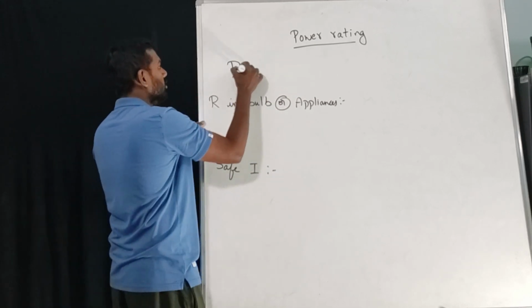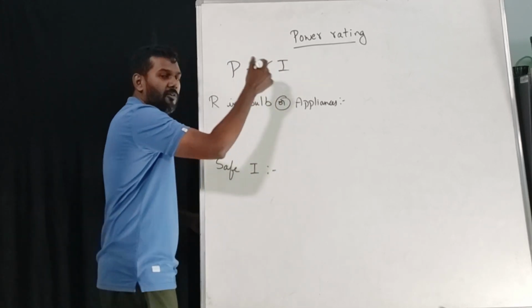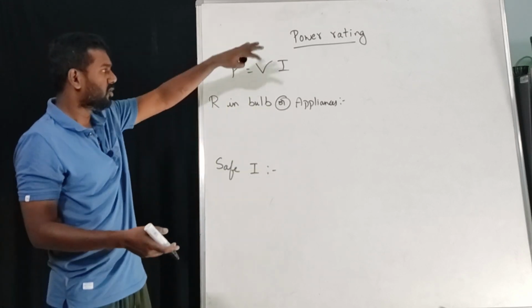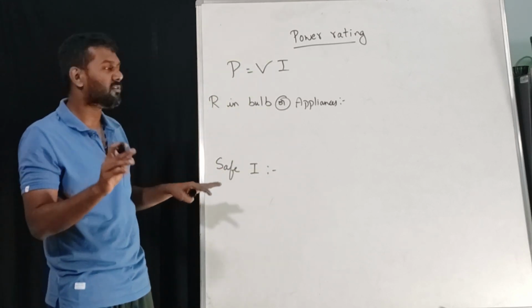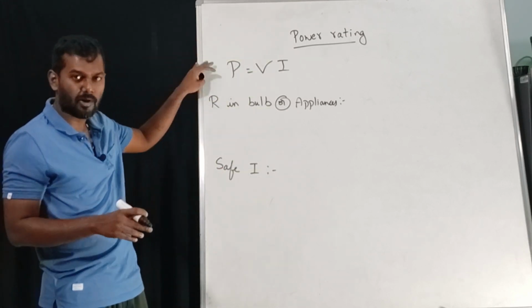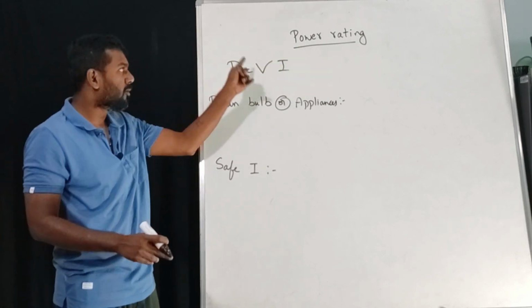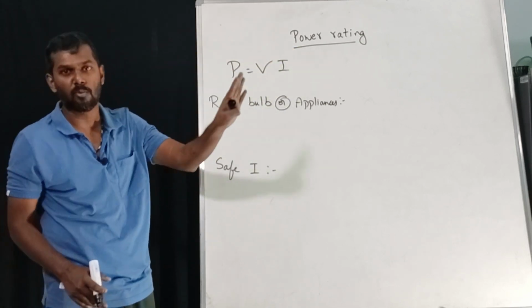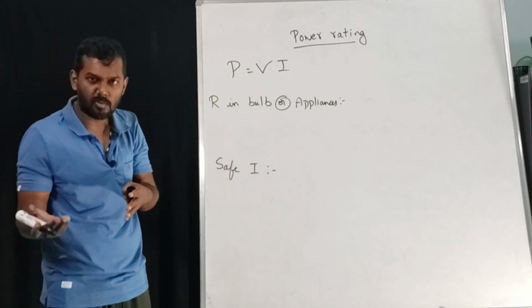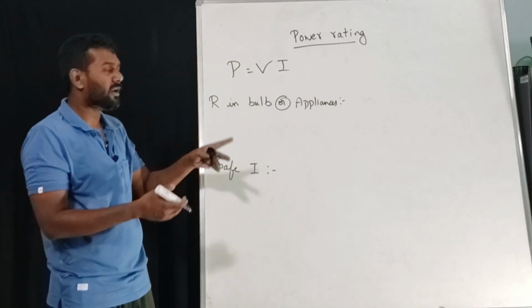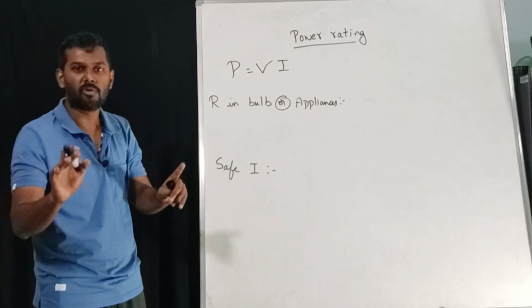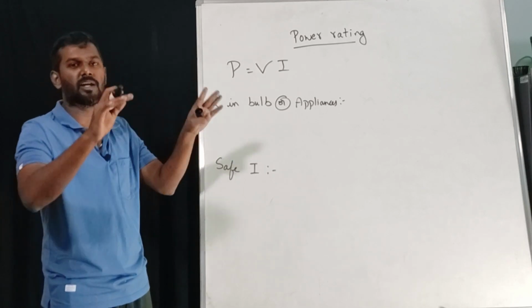Power is equal to V into I, and we have learned different formulas. Using any of those formulas, whatever power we find is nothing but the power rating of the appliance. Don't get confused with power and power rating. Both are the same.